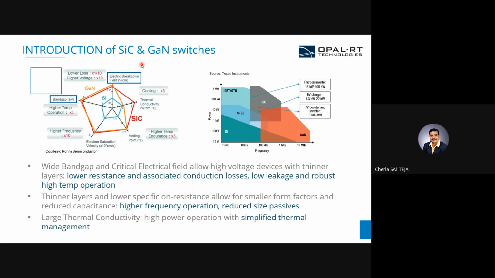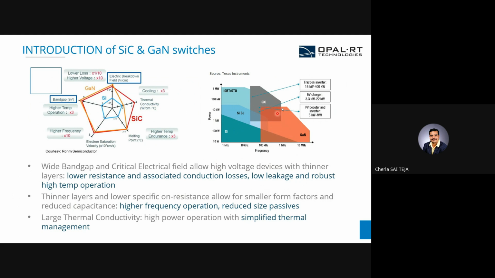So here we can see silicon carbide and gallium nitride switches. You can see the characteristics. With silicon carbide we can happily go up to hundreds of kilohertz, and gallium nitride, even though the power rating might go only up to 1 kilowatt or 10 kilowatt, the switching can go into megahertz as well.